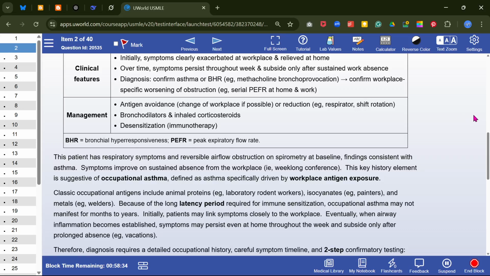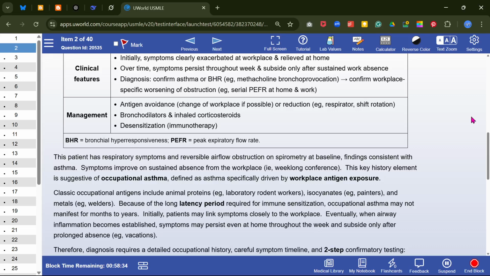This key history element is suggestive of occupational asthma, defined as asthma specifically driven by workplace antigen exposure.